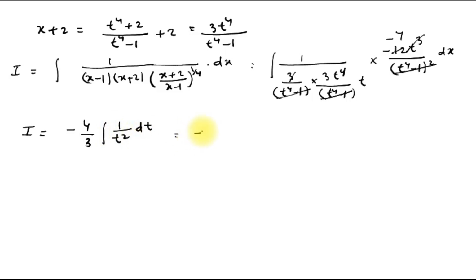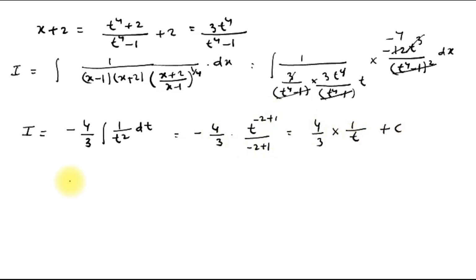So this can be found as minus 4 over 3 into t to the power minus 2 plus 1 divided by minus 2 plus 1. This is equal to 4 over 3, as minus 2 plus 1 is minus 1 and its multiplication with minus 4 by 3 gives 4 over 3, multiplied by 1 over t plus the integration constant c.